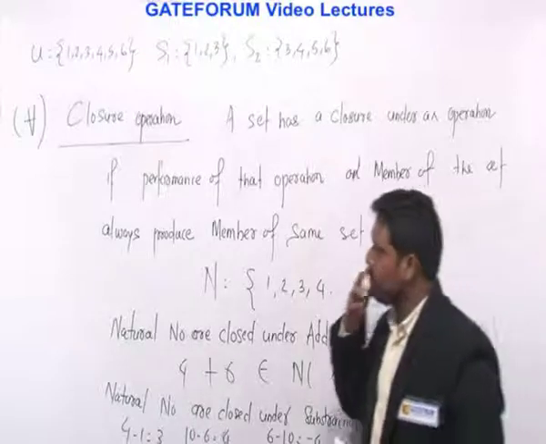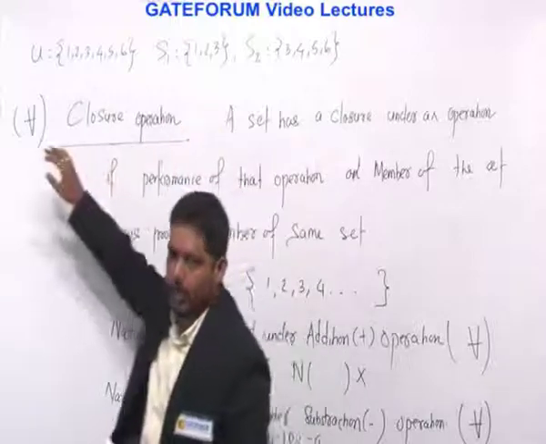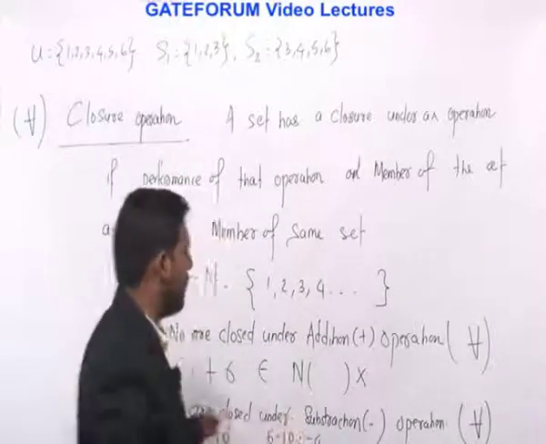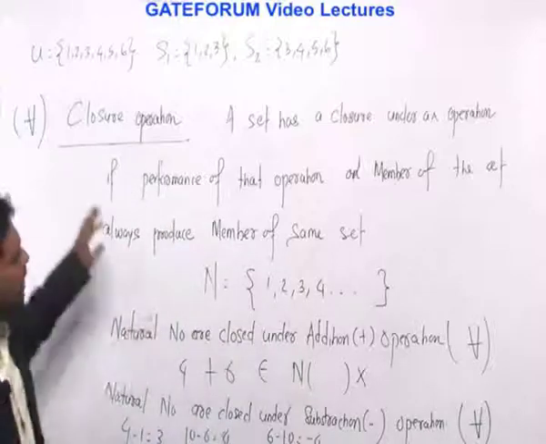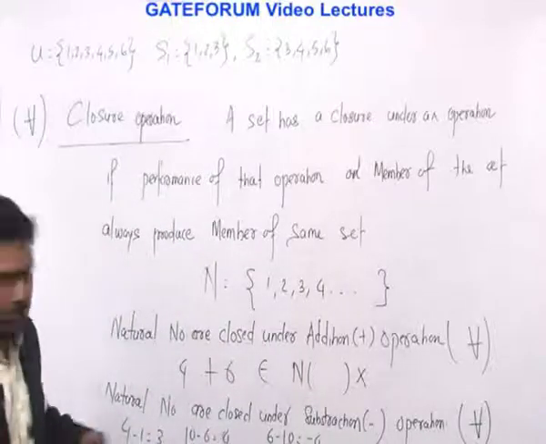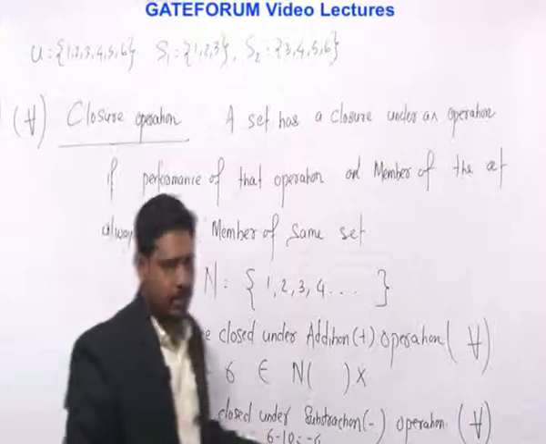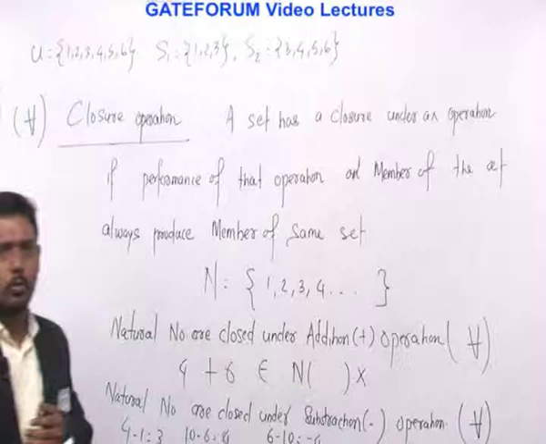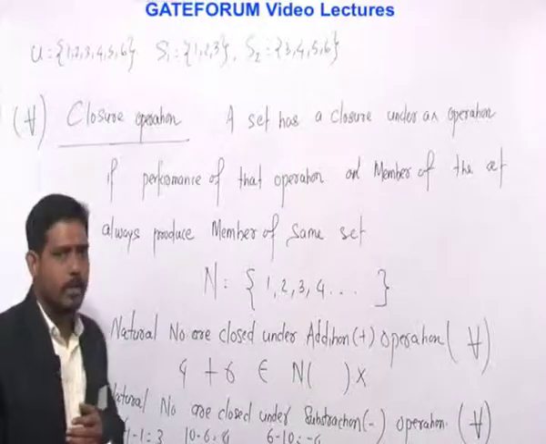The closure operation is for universal quantification, and if I give you a single contradiction, then this statement will become false. Then you cannot quantify universally; you have to say some natural numbers are closed under subtraction. This is a true statement. But when we talk about the closure property, it must be satisfied by all.